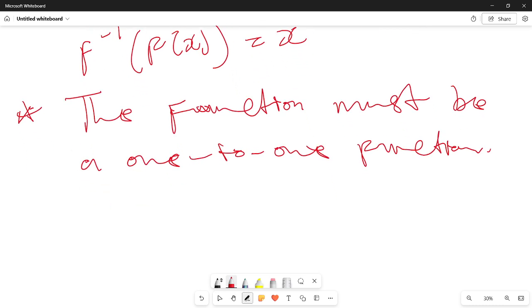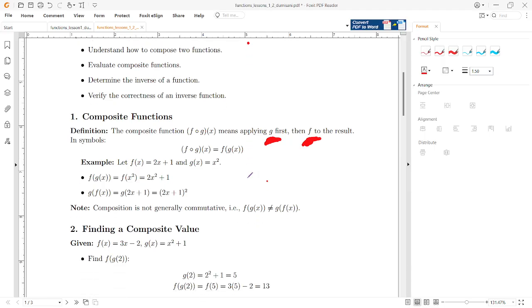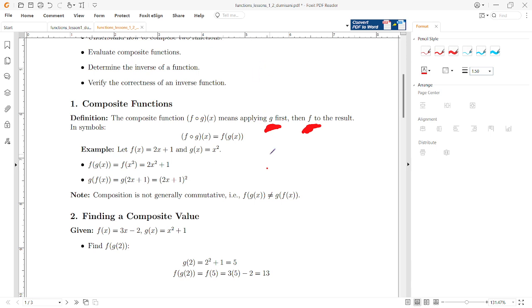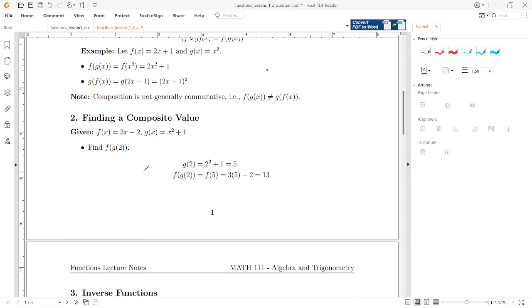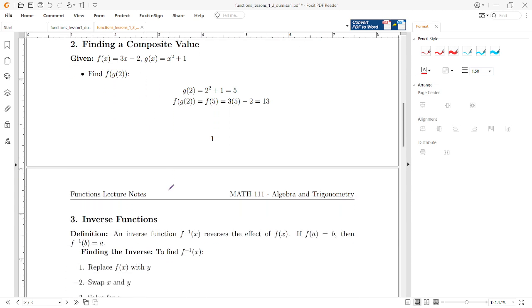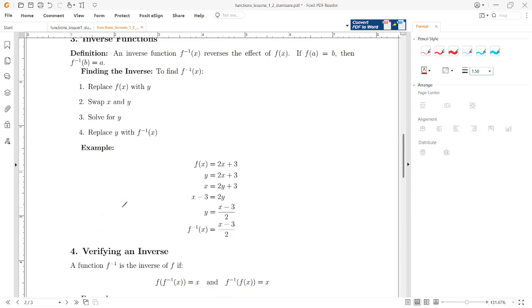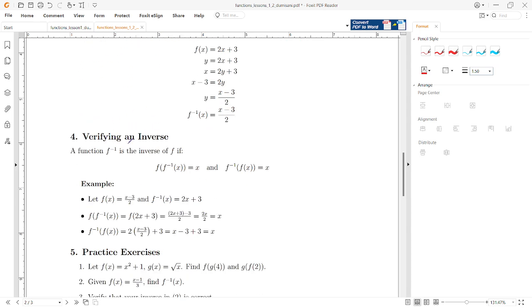Right. So this is the end of today's class. I have provided a PDF file that explains today's concepts. You have examples for each case, inverse functions, and also verifying an inverse function.